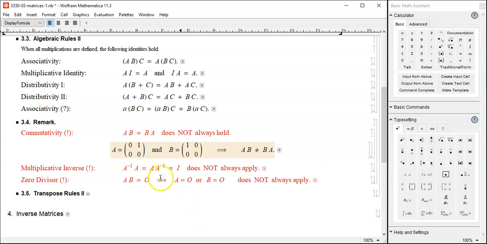Another interesting topic, the zero divisor property. A times B is equal to 0. Does that mean either A or B is equal to 0? As a matter of fact, the zero divisor or zero product property was true for real number arithmetic, and also for scalar multiplication.